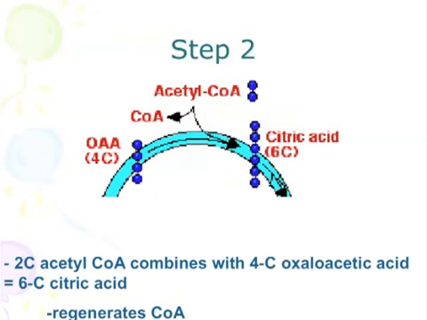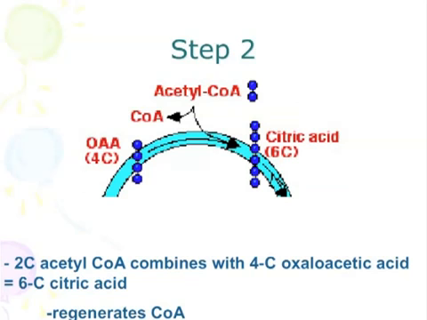Step 2 in this whole process is when the acetyl-CoA combines with the oxaloacetic acid, which has 4 carbons in it, also known as OAA, and makes a 6-carbon citric acid. So if you follow the cycle idea, you will realize that we have to end up back to the 4-carbon OAA. So you keep that in mind as we go through each step.